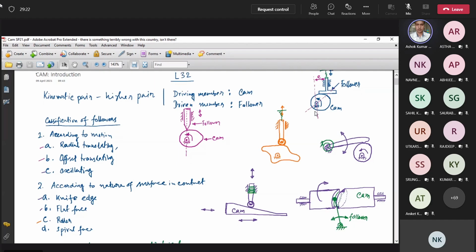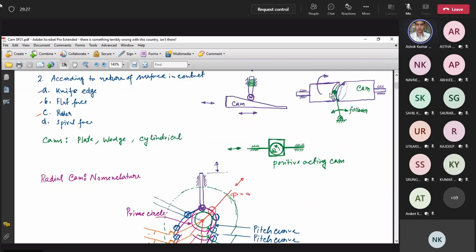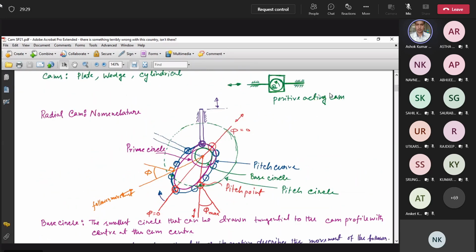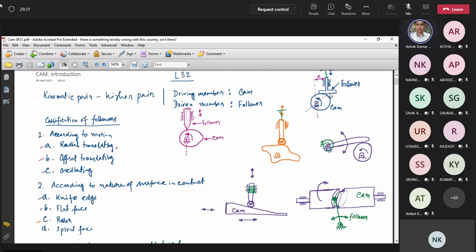To get the pitch curve for this flat face follower, you need to draw all the inverted positions of the flat face follower. We will have an example and see how to draw the cam profile using a flat face follower. Then it will be much clearer to you. In this case, this is the contact point, and as it is rotated, the contact point will move.